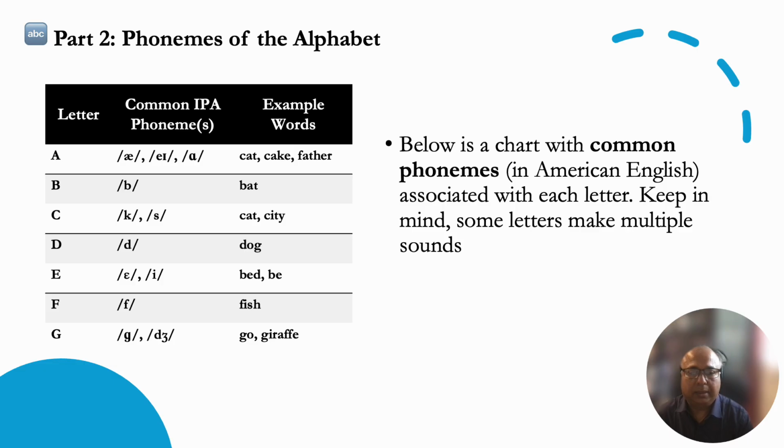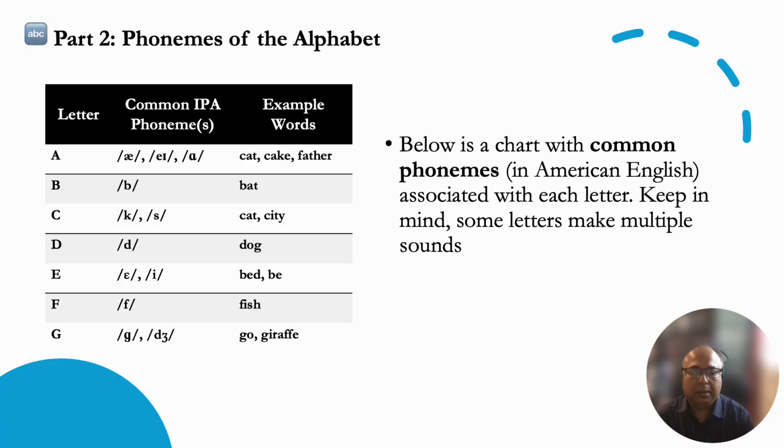Okay, letter B is B, as in bat. C could be represented by 2 phonemes, K or S, as in cat and city. Letter D is D, as in dog.